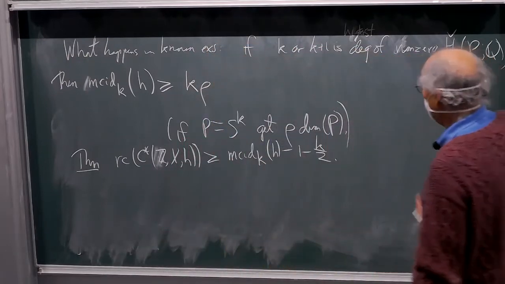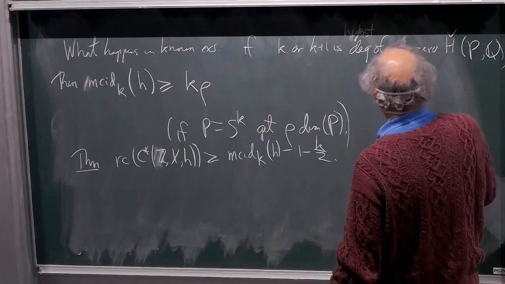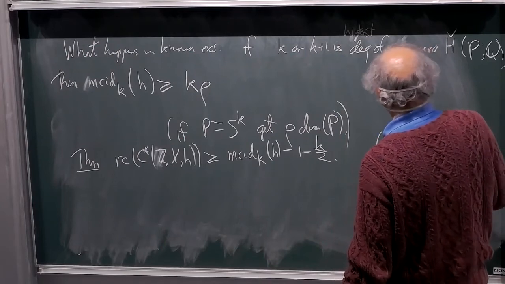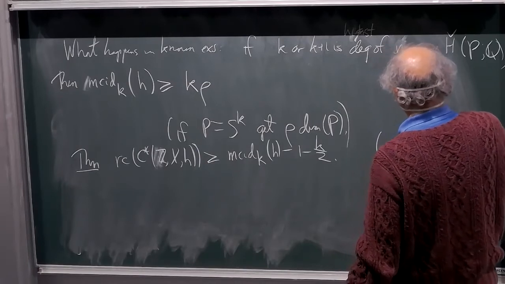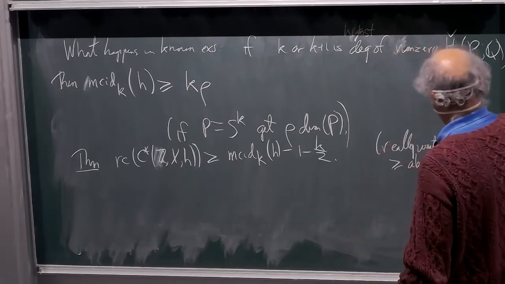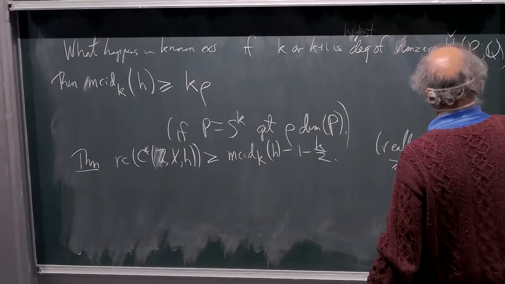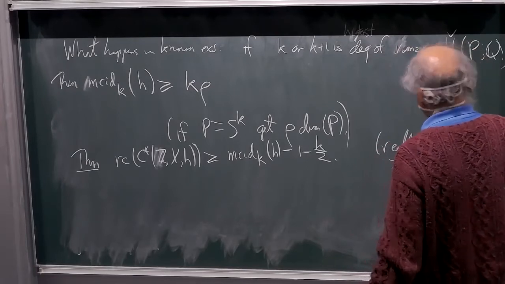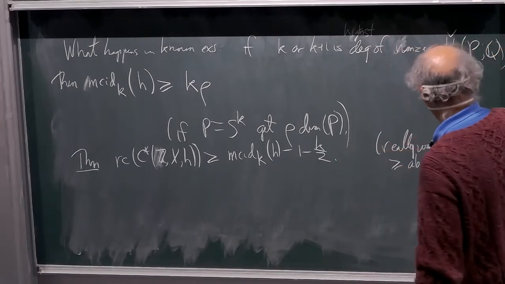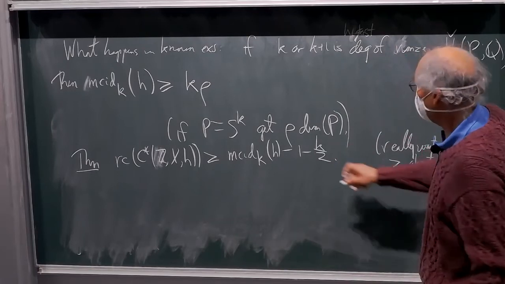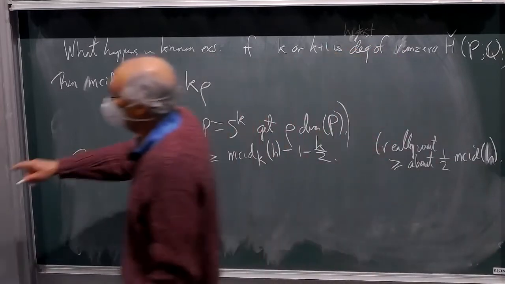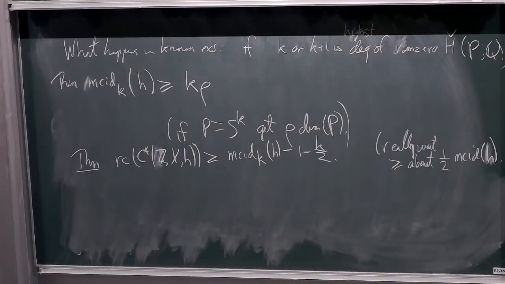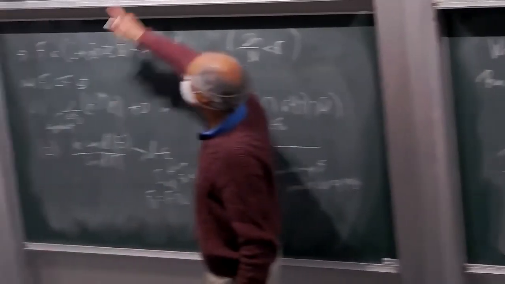Now you really want bigger than or equal to about half of this, and K over 2. This thing is always, density is less than or equal to 1. And so the biggest thing you can get here is K.